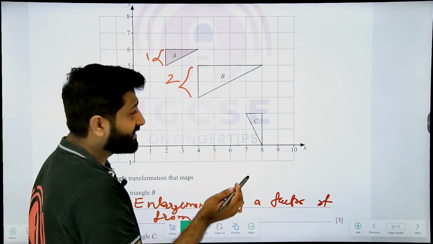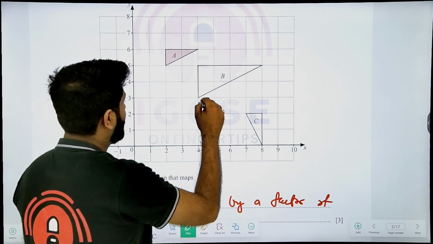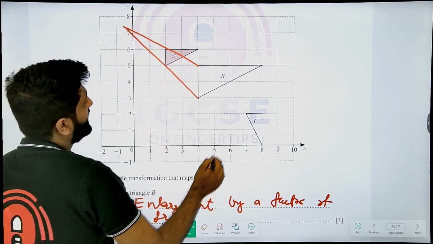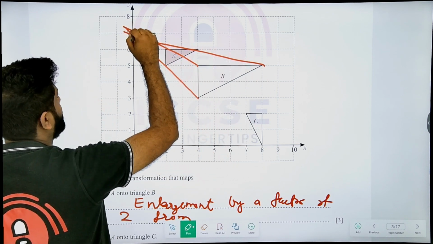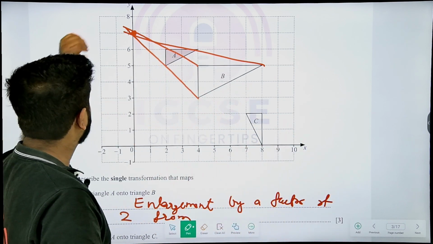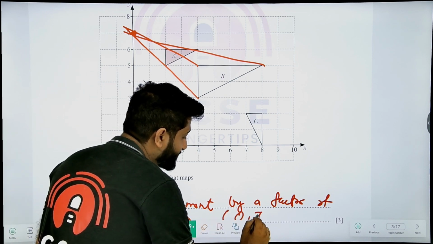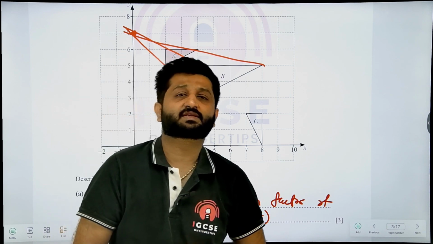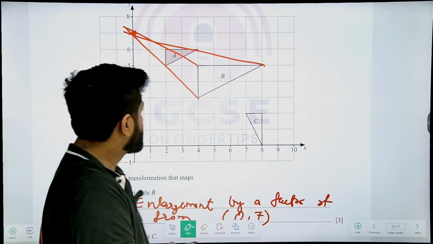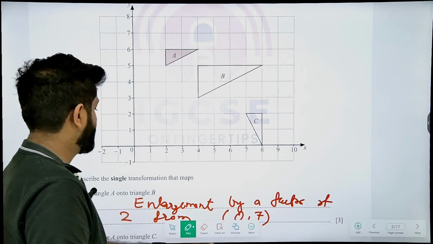You can take your scale and draw a straight line like this, and again another straight line. The 3 lines should intersect at one point, and that should be your center. Now I think the center here is 0, 7. Guys, I might be wrong because I have not used a scale, but if you use a scale it would be easy for you to find the center. So it seems that this center is 0, 1.